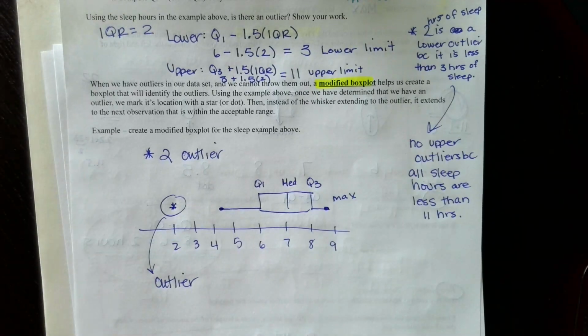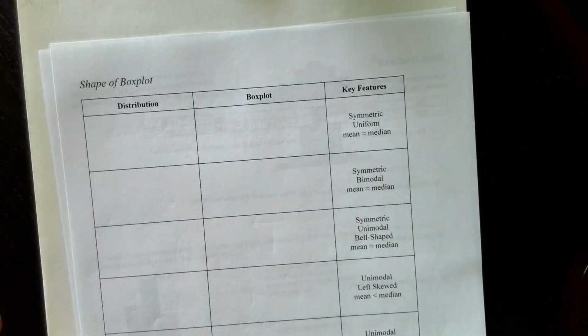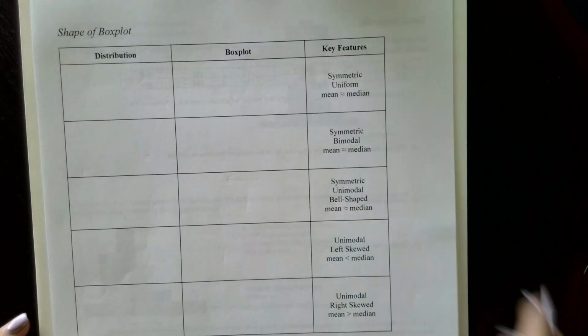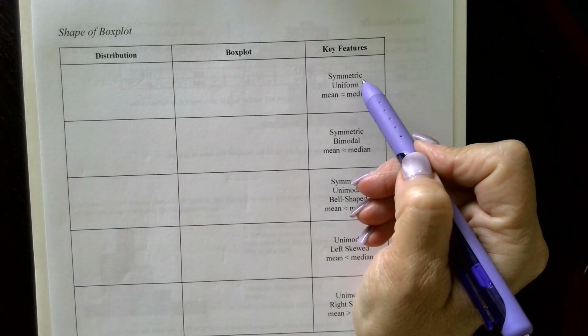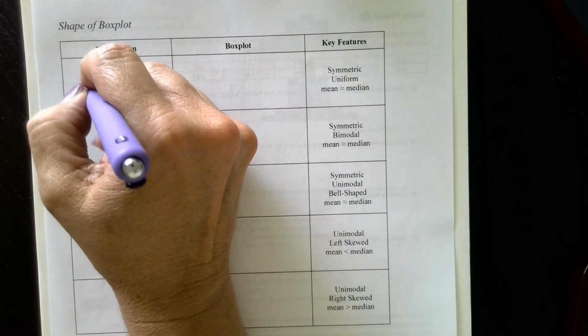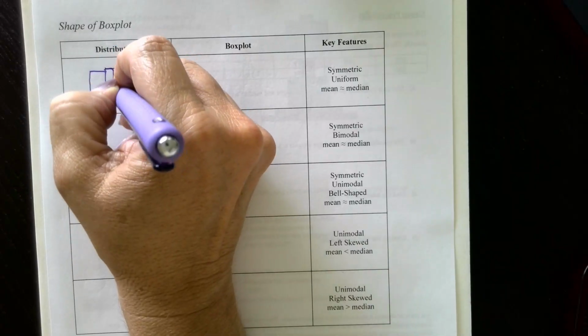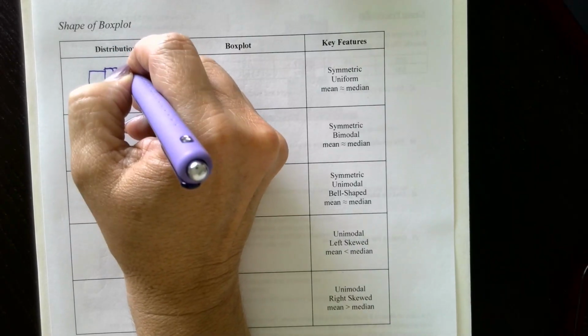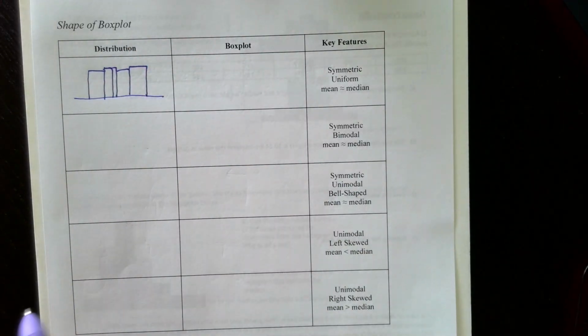All right, I'm going to give you some cheats on what this looks like: the shape of a distribution versus the shape of a box plot. Something that's symmetric and uniform would be a distribution that looks like this, all very close to being the same.